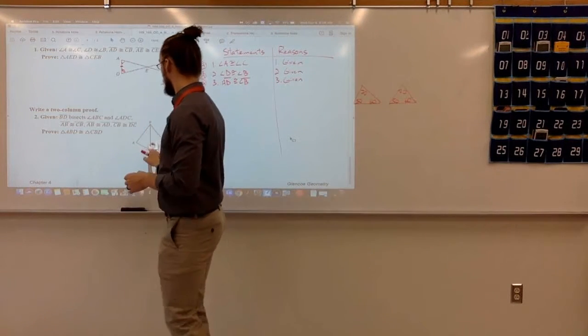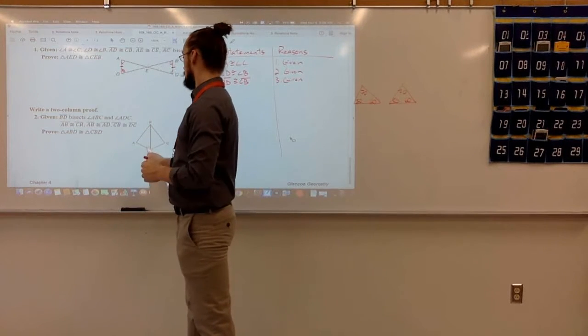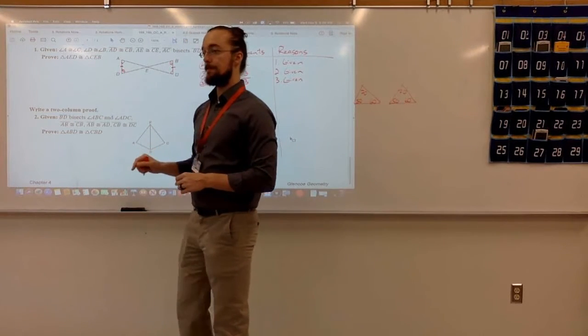Well, they aren't necessarily, like these two would be congruent to each other, and separately, these two would be congruent to each other.